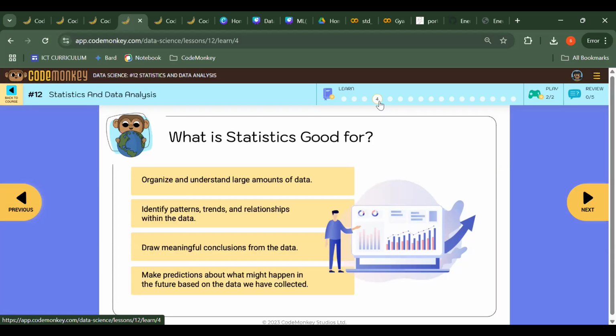Third, draw meaningful conclusions from the data. How can we draw a meaningful conclusion from data? Let's say you track your bedtime and how you feel the next day. You notice you are feeling sleepy when you go to bed too late.